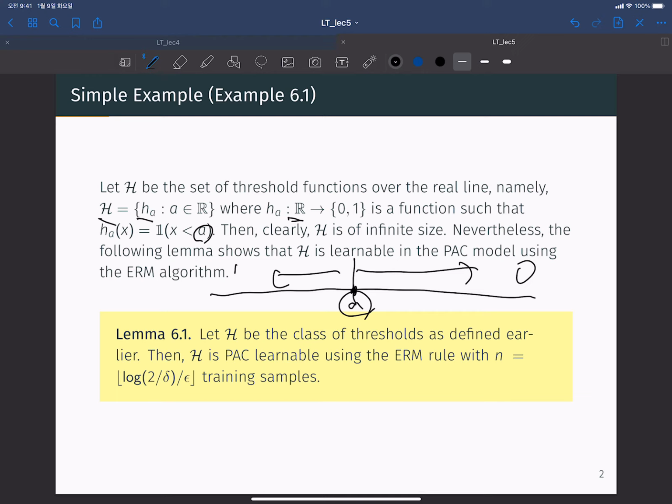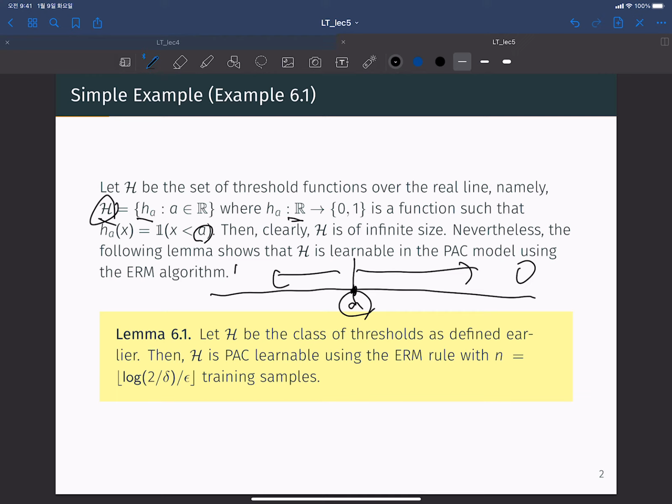So we can expect that this simple function will require a very tiny amount of training samples to learn the true hypothesis, if the true hypothesis belongs to the class.